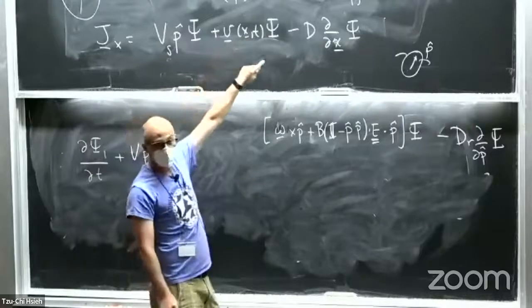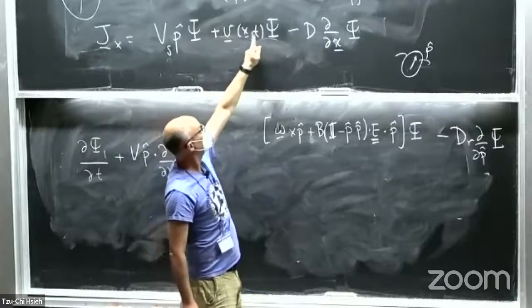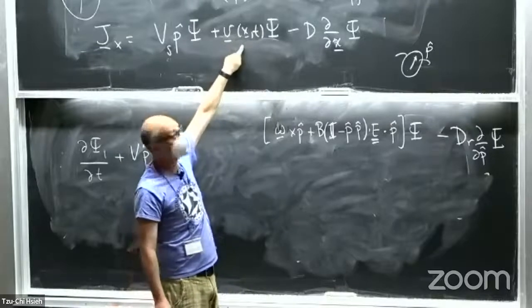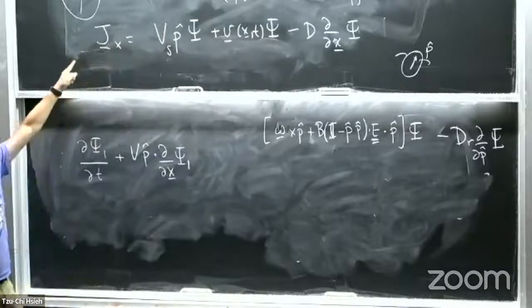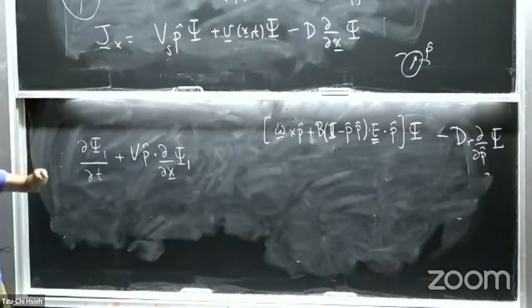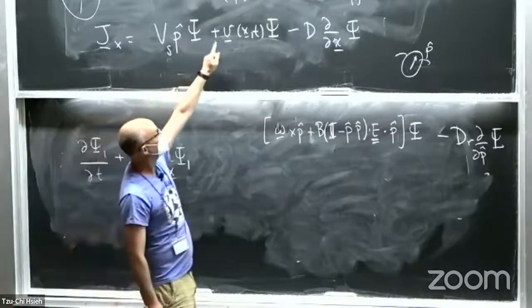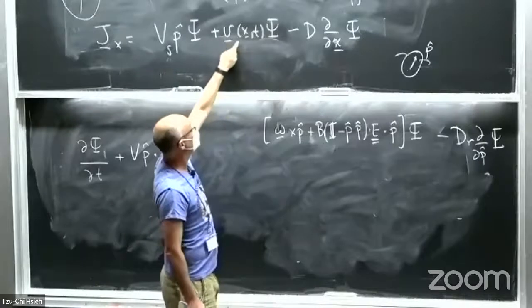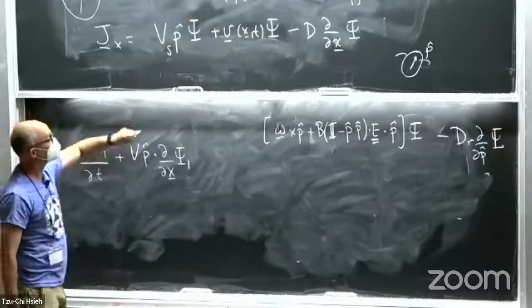So I'm linearizing, so only one of these can be first order. If v is first order, if I put v1 here, I have to put psi 0 here. And that means I'm going to hit v1 with the gradient, and the perturbation to the flow must be incompressible. So that's going to get wiped out. Likewise, if I put psi 1 here, I have to put v0 here, but v0 is 0. So I don't get anything from this term.